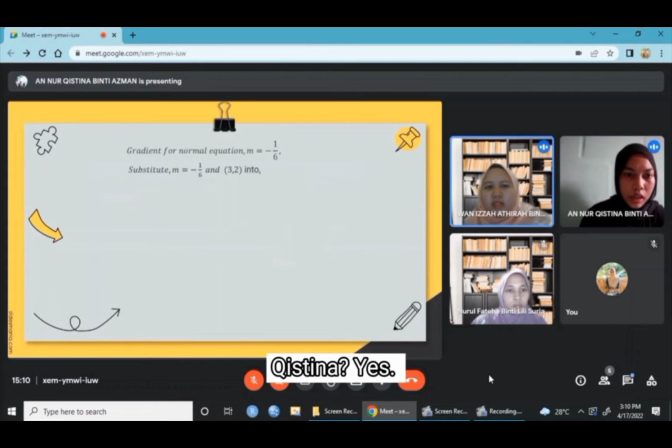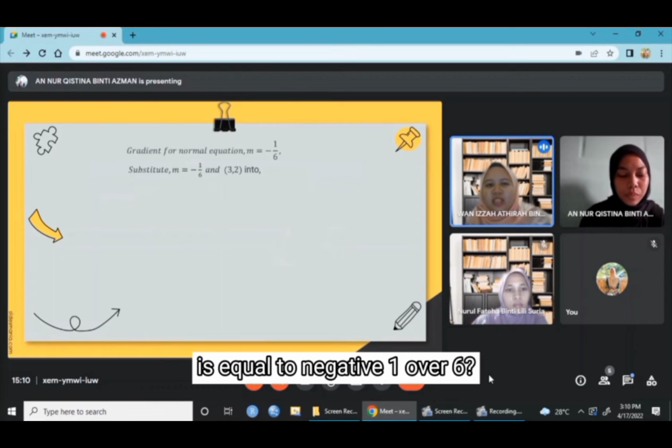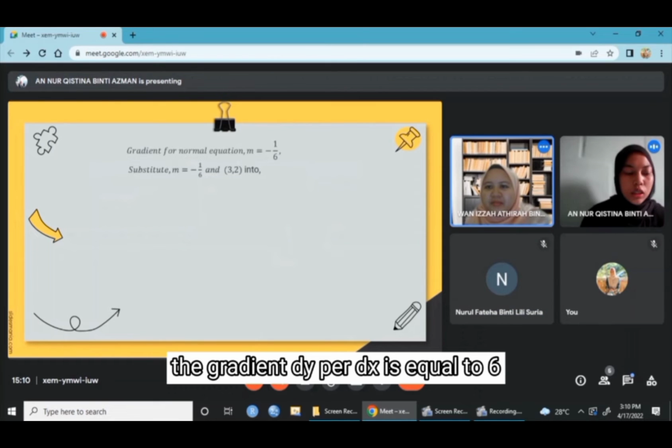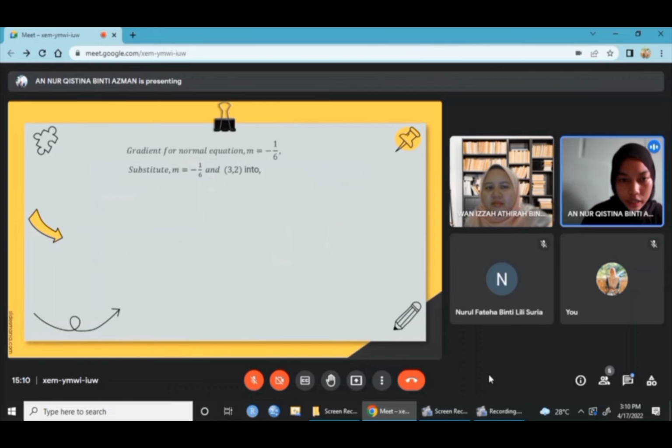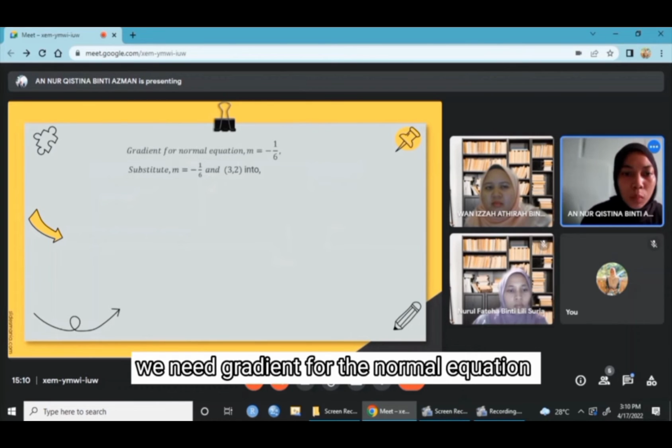Christina, why is the gradient for the normal equation equal to -1 over 6? It is because the gradient dy per dx equal to 6 is the gradient for the tangent. But for this question, we need the gradient for the normal equation.